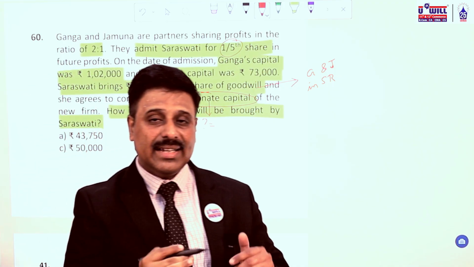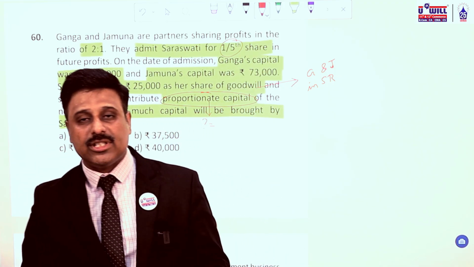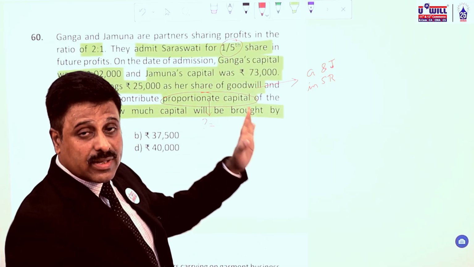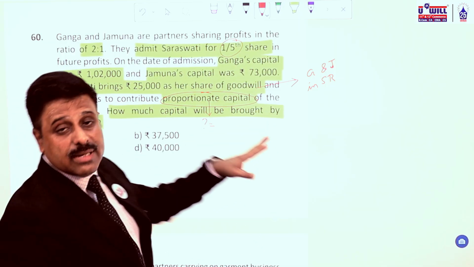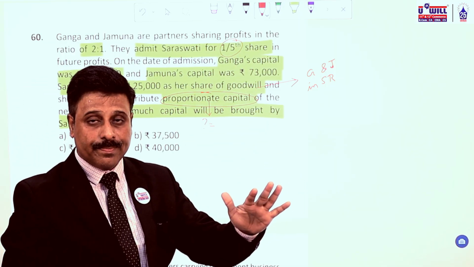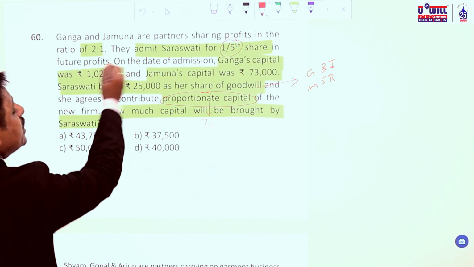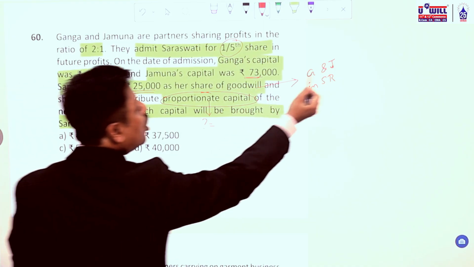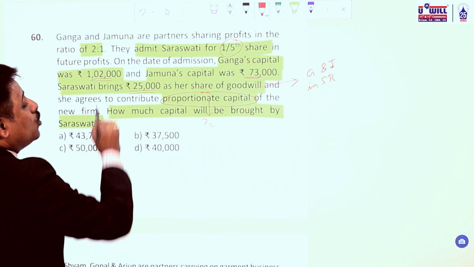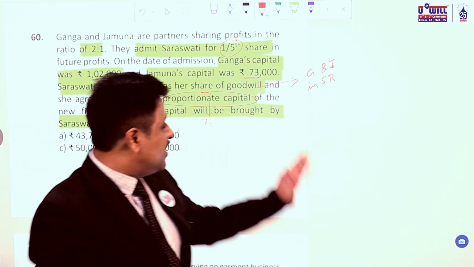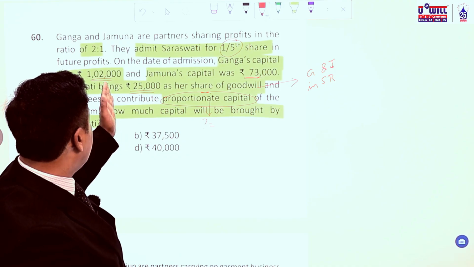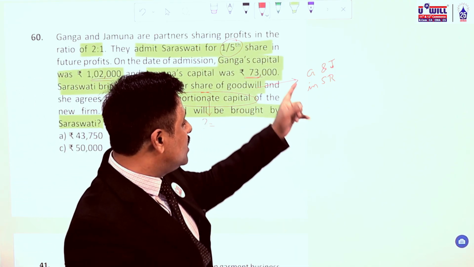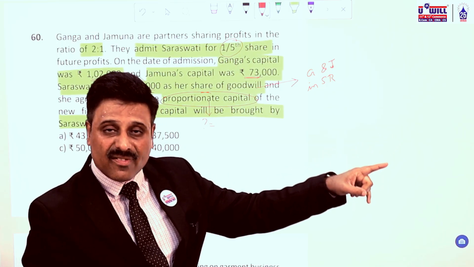Now, how do we find this? We have done this earlier also in the earlier MCQ session: if 1/5 is Saraswati's share, then Ganga and Jamna's share will be the remaining 4/5. Now, what is presently Ganga and Jamna's capital? 1,02,000 and 73,000. The goodwill of 25,000 will also go to their capital, because it will be distributed between the old partners in sacrifice ratio.